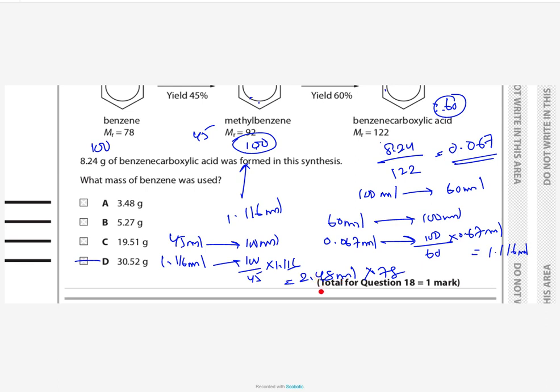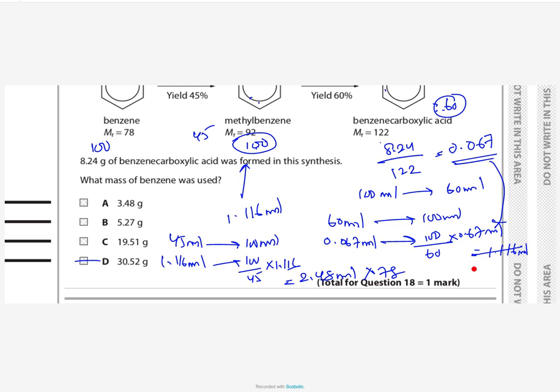Can you just check? Is my last 100 divided by 60 into 0.067? I took 0.67. I made a mistake here. I didn't put a 0 here, right? See, I did put a 0 here. So it's 100 times 0.067. I forgot the 0. No one corrected me. Divided by 60.